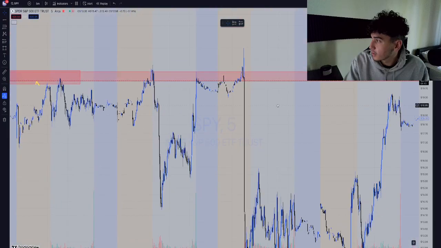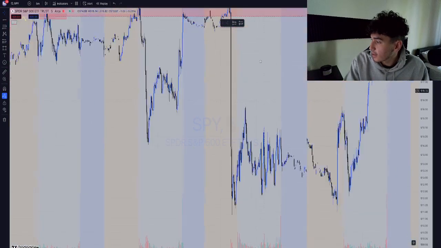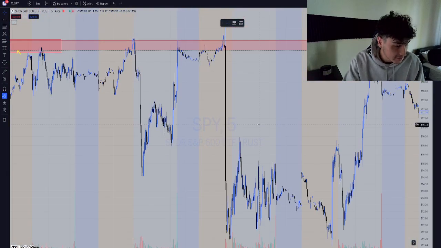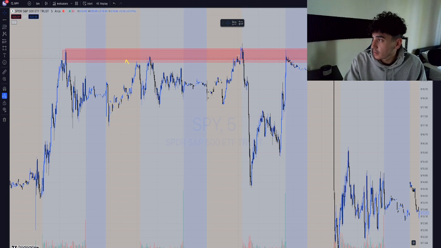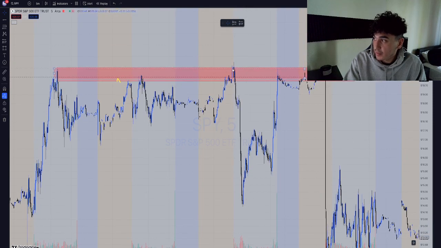just simply look at that. I'm not even going to explain. You guys can just see how well that supply worked and how well this level was respected and pushed to the downside once we obviously did get that retracement to this price area. It heavily respected and rejected this area multiple times.